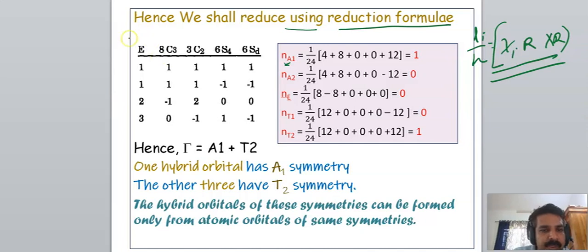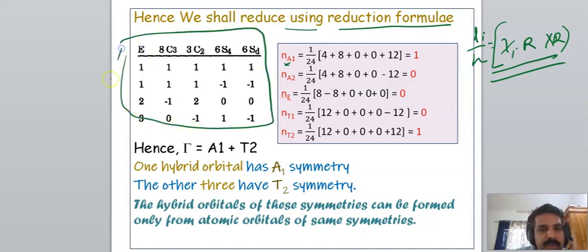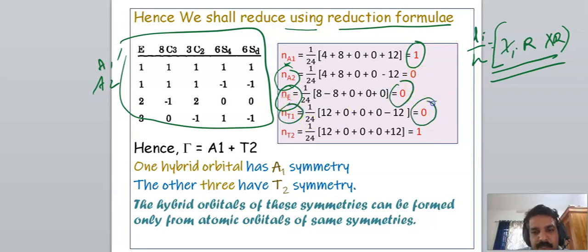So this is the character table of the Td point group, therefore NA1 is equal to 1. I'm not working it out, you can see simply from here: this is the A1 representation, this is A2, NE is equal to 0, NT1 is equal to 0, NT2 is equal to 1. You can check that easily. Hence the reducible representation gamma is reduced into irreducible representations A1 and T2.